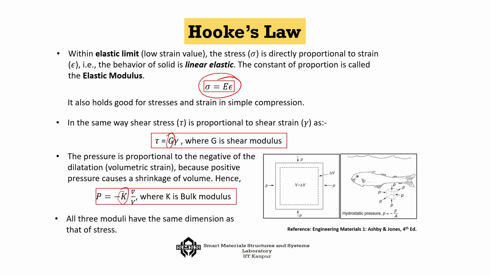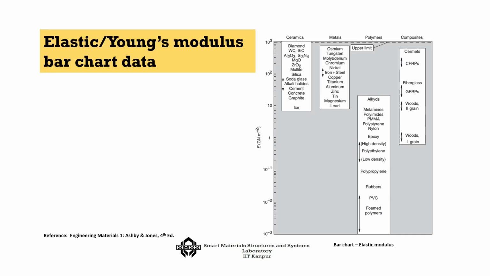Okay, the volumetric pressure equals minus K times the change in the volume over the original volume of the system. Okay. This is typically because we have defined all this keeping tension positive, whereas in the last case it is actually compression. So, that is why we keep the minus sign, so that the material value always remains positive. Now, these are all related, E, G and K for materials.